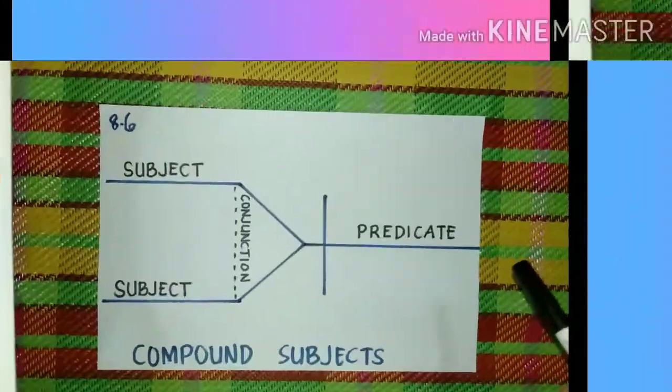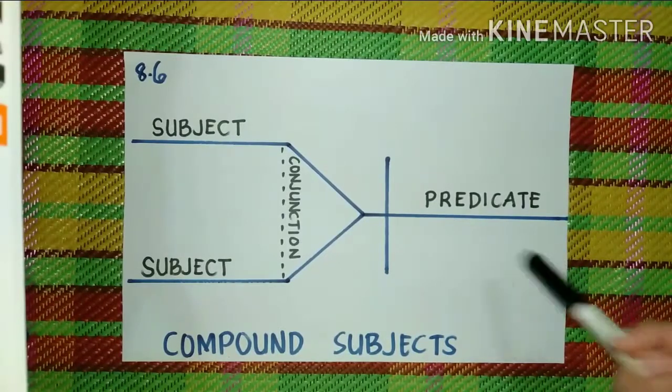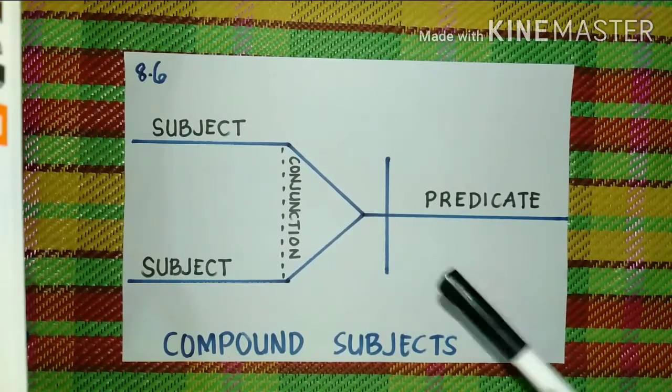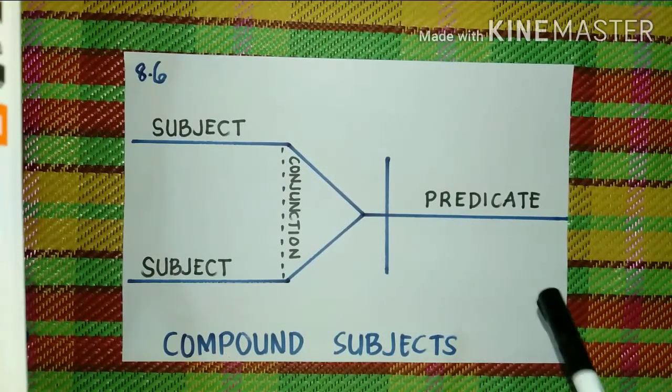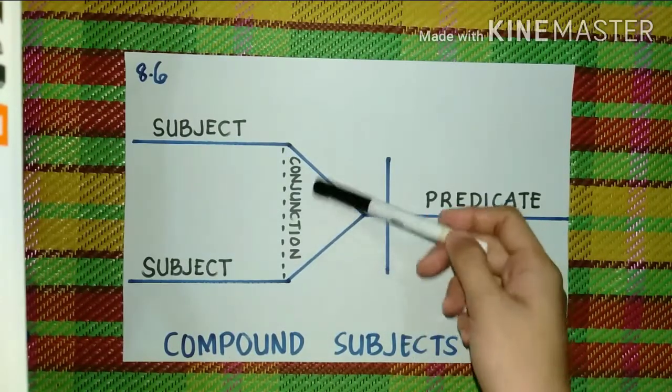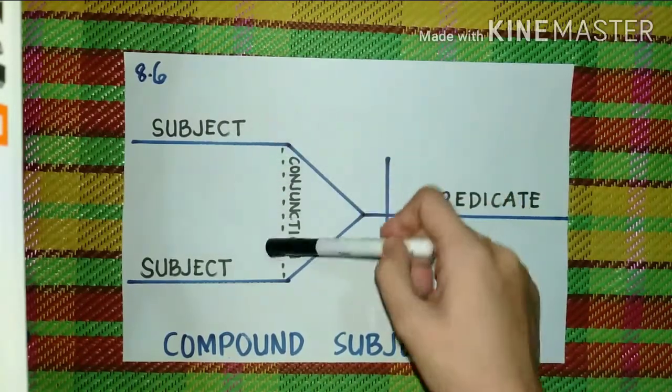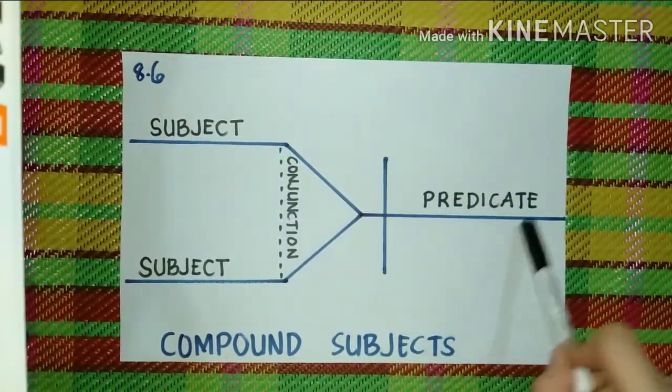Let's proceed to the next lesson, and it is about compound subjects. So we all know that a compound subject is composed of more than one subject. If it is composed of more than one subject, there is what we call a conjunction that connects the two subjects. And the last part is the predicate.